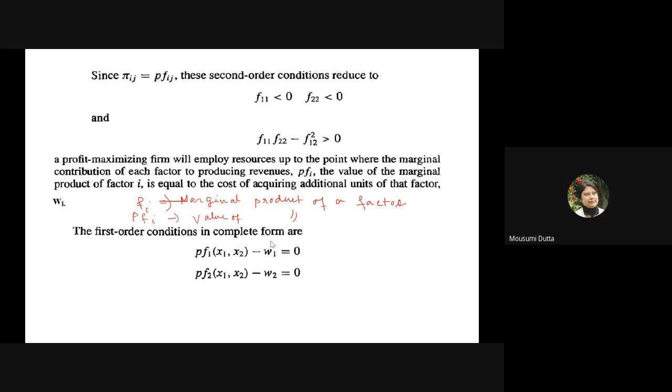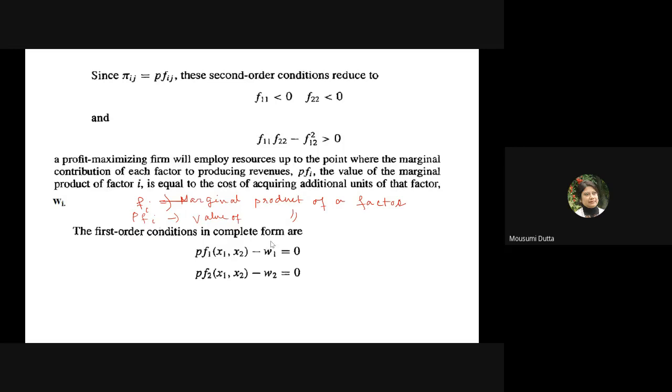Then we are deciding with respect to which variables, x1, x2, w1, w2, p, everything; especially x1, x2, w1 and w2 can be treated as variables. In this particular model building exercise, from the very beginning, I am considering p as a constant because it is a competitive framework. Okay. So of these four, we can solve for any.